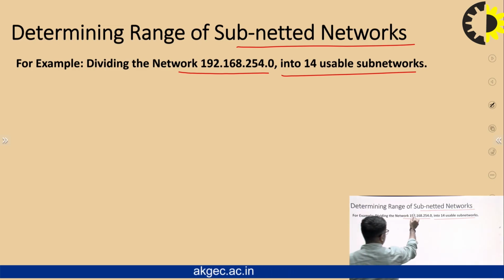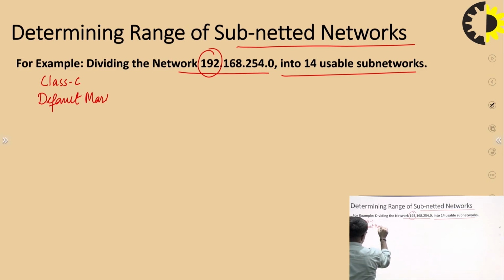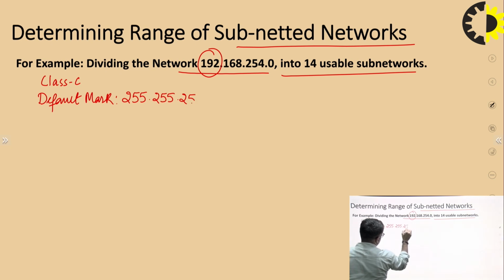first of all, looking at this 192, I can see that it is class C. The default mask is 255.255.255.0.